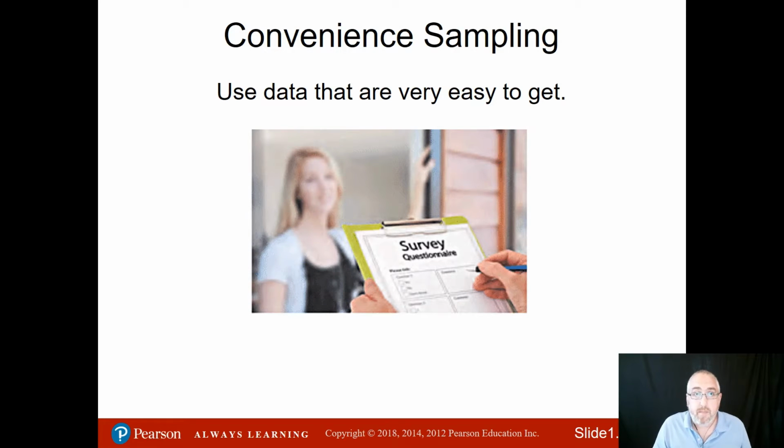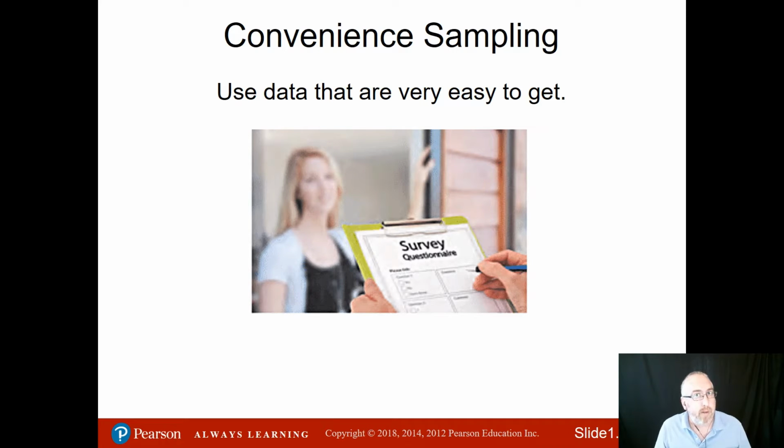Convenience sampling: use data that are very easy to get. If I wanted to do a sampling for a survey that I'm conducting about the college, instead of looking at all the students in the entire college, I just look at my class and say, okay, I'm going to use you as my sample. I give you the survey and you fill it out, and that gives me information about the entire college student body.